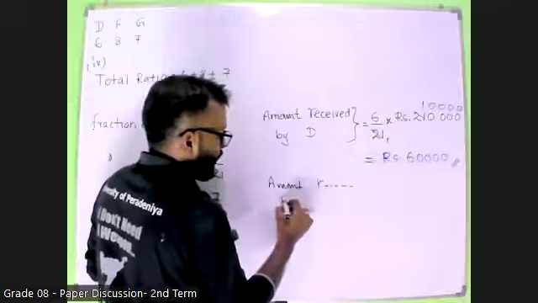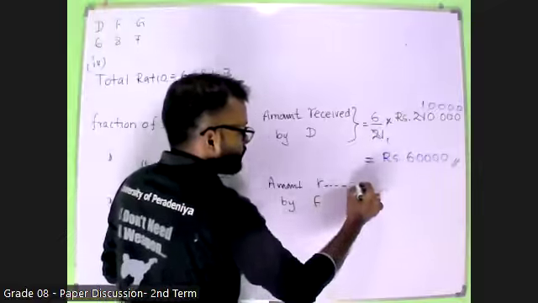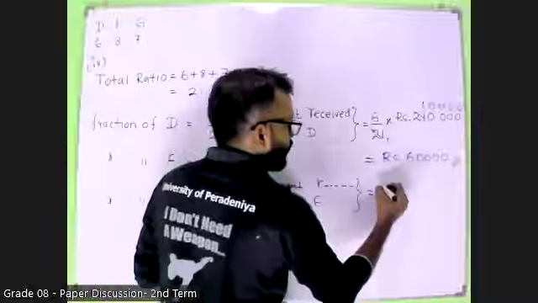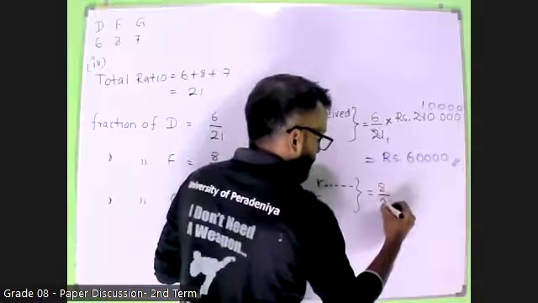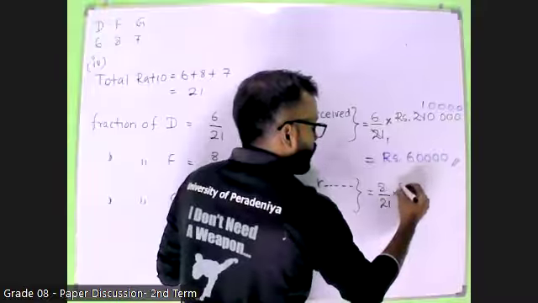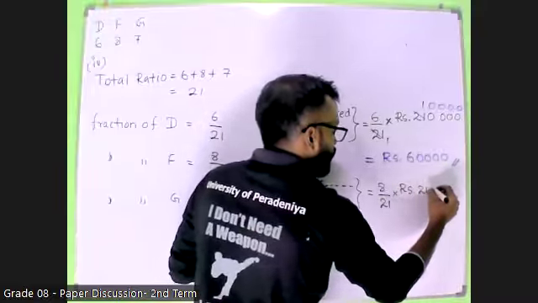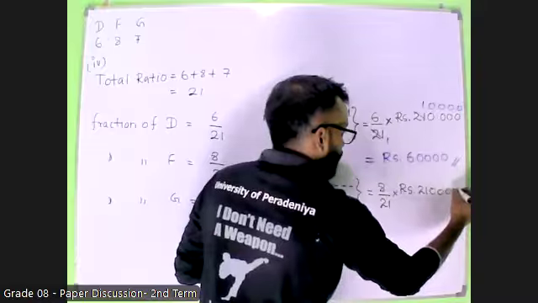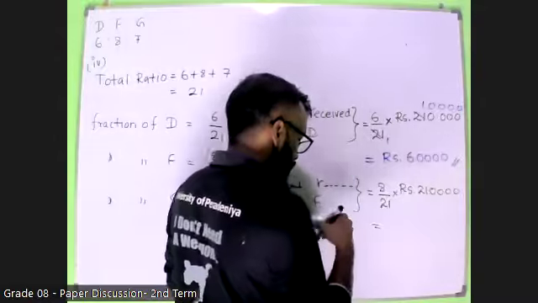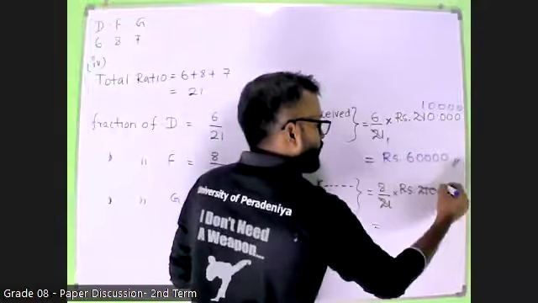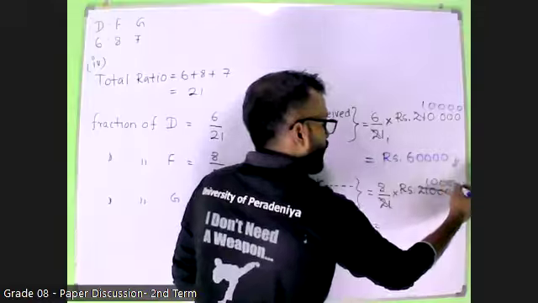You have to follow the same way in order to find the amount received by Fatima. What is the fraction of Fatima? 8 upon 21. Total profit previously 210,000. So again you have the same number, 21 times 10,000.